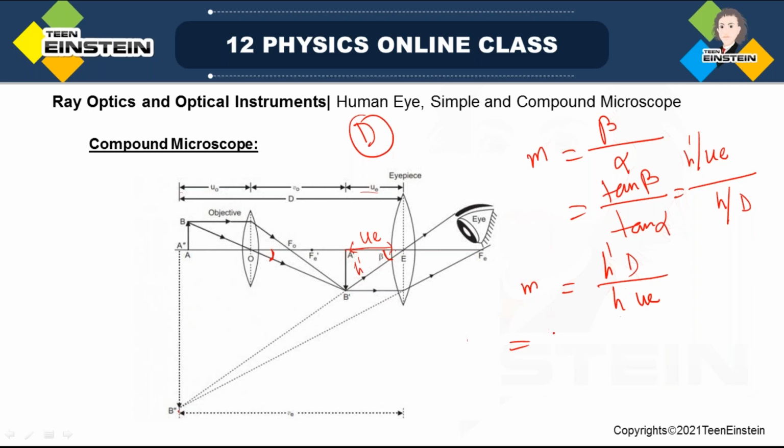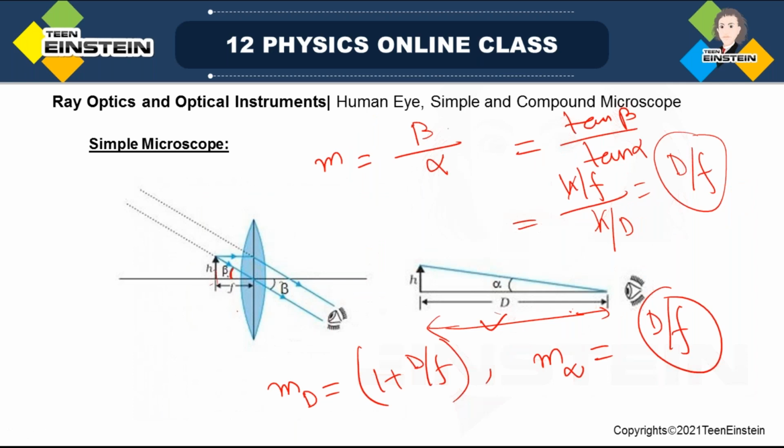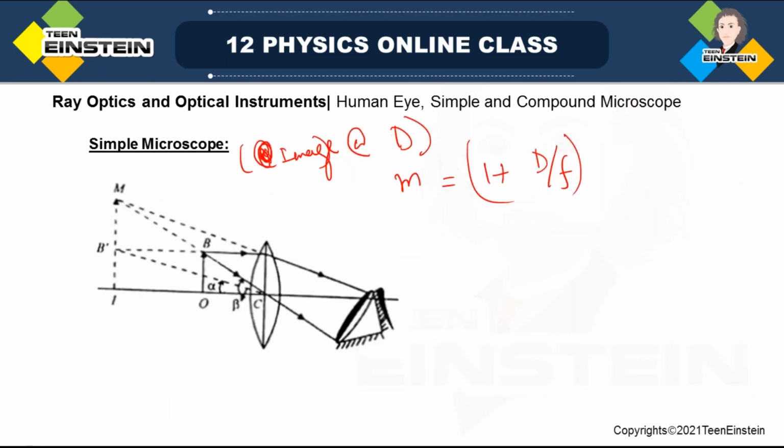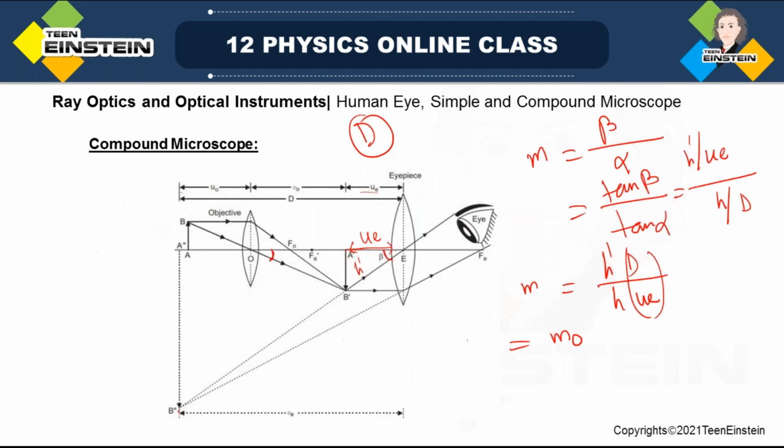What is this h by h prime? This is the linear magnification produced by the objective lens, and this is d by ue. So we have already discussed d by u means what? We had already discussed, d by u is also magnification by simple microscope.